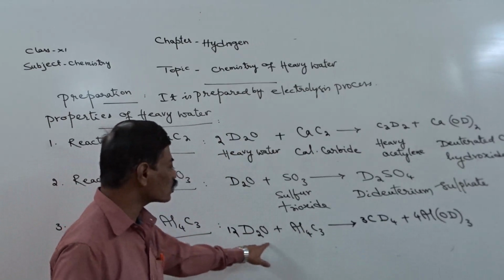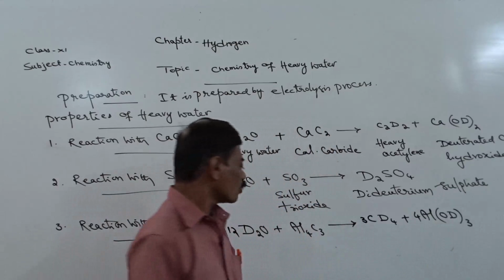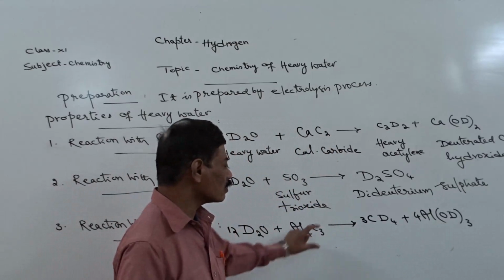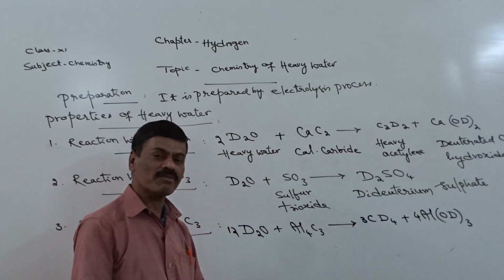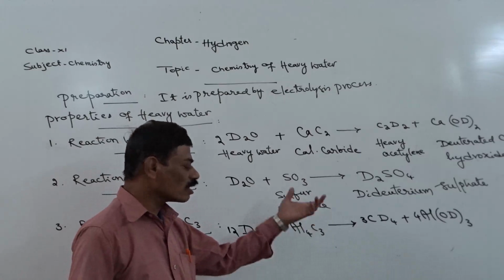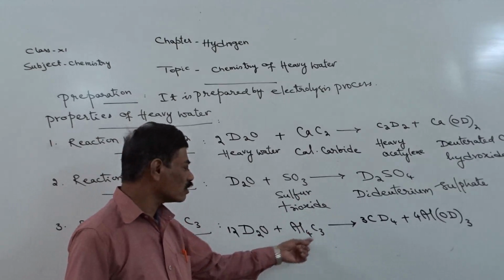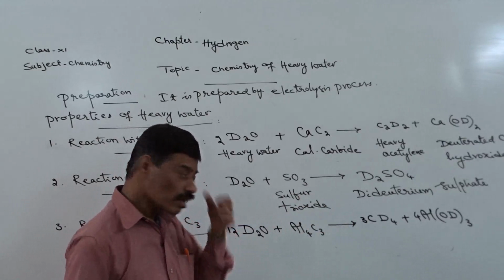Now oxygen atoms 12. And here oxygen atoms 12. So automatically equation gets balanced. So look at aluminium carbide, because which has maximum number of aluminium and carbon atoms. If we balance these towards right hand side, automatically entire equation gets balanced.